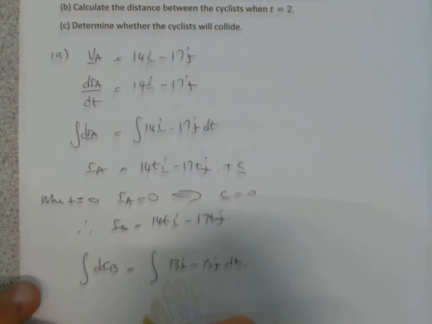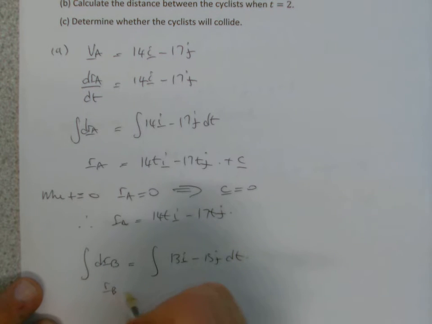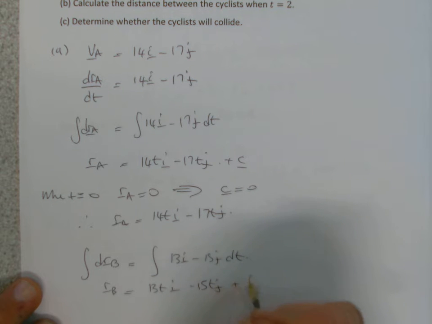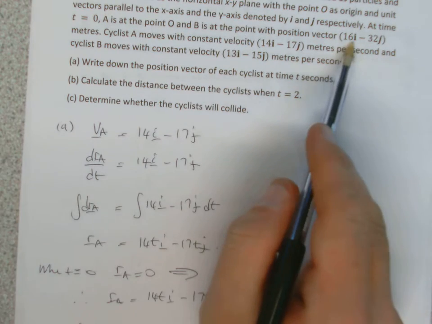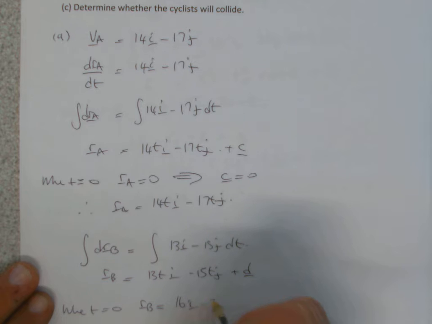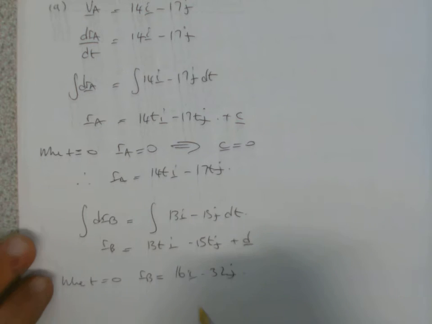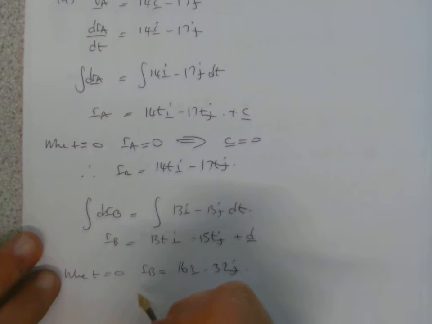So RB would equal 13ti minus 15tj plus a constant, we call it d this time. When t was equal to 0, RB would equal 16i minus 32j, so that wasn't at the origin. So you'd have 16i minus 32j equals d, because the t terms would be 0.